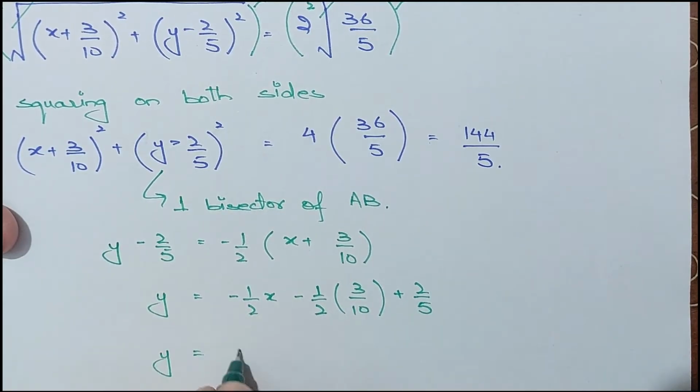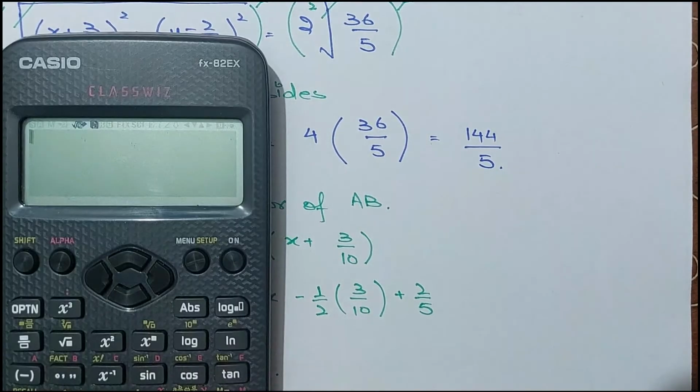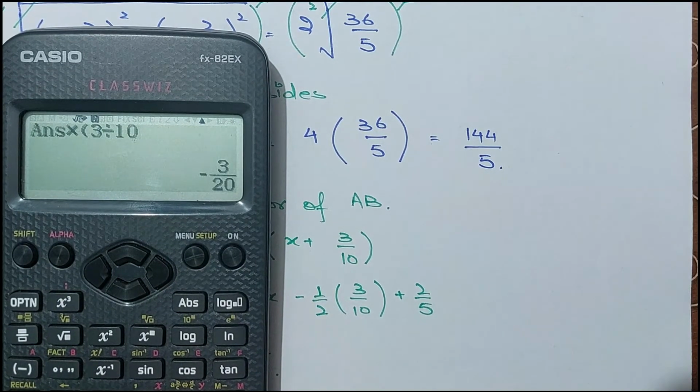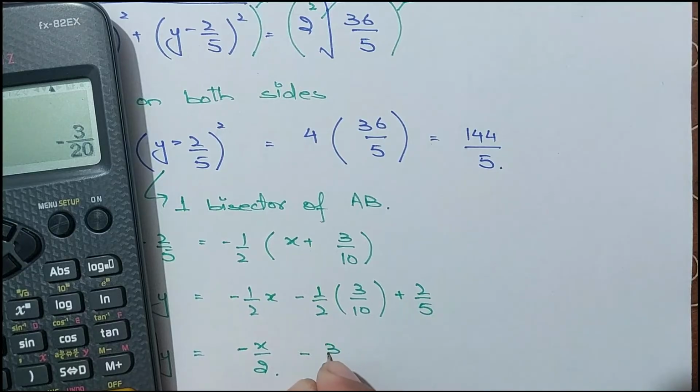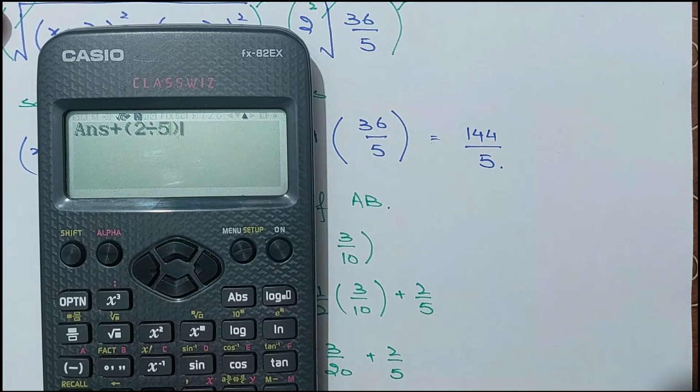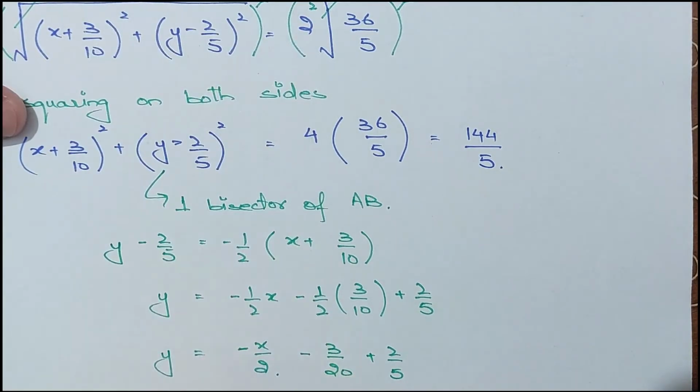Here the y value is minus x over 2, and what is the constant? The constant term is minus 1 by 2 times 3 by 10. This is minus 3 over 20 and plus 2 by 5. Okay, add 2 by 5. This is 1 by 4.